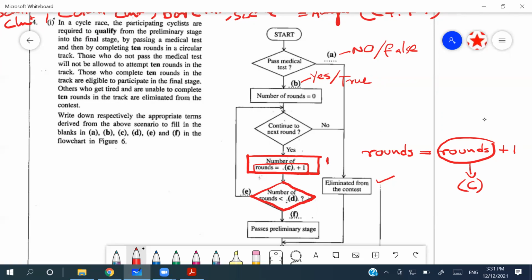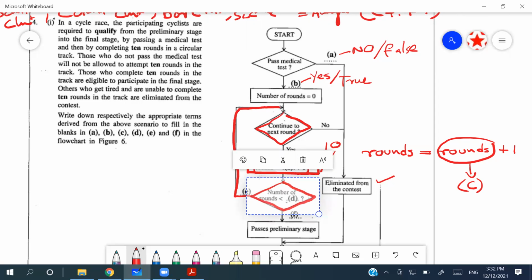When the 2nd round is done, this will become 2. Likewise, when the 10 rounds are done, this will become 10. So then after that we don't need to continue to the next round. That means this iteration should fall after the number of rounds equals 10. All right. So that means this D is going to be 10.